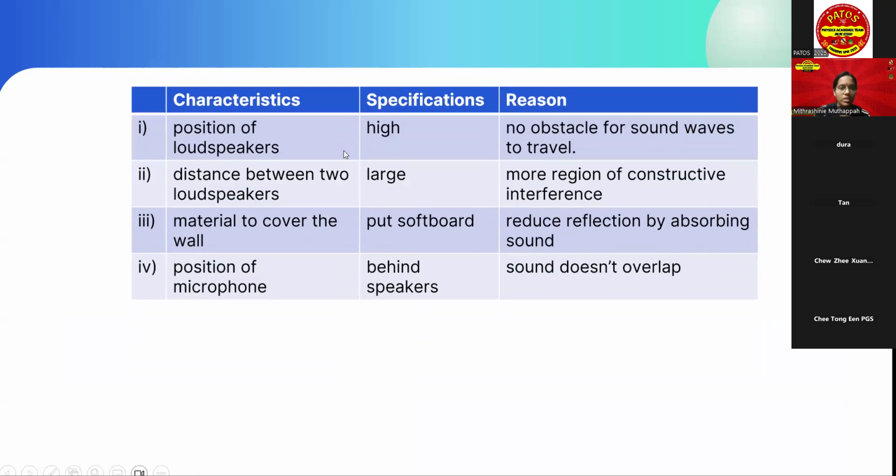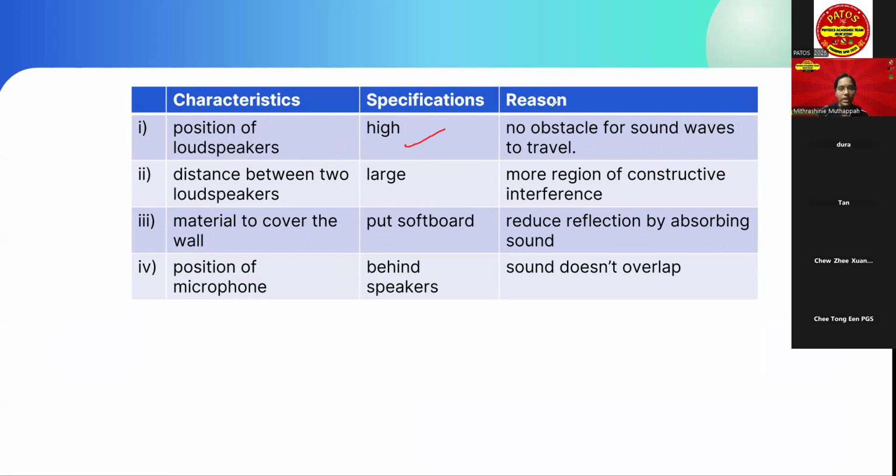Okay, so this is our answer for our question just now. Position of loudspeakers should be high, and the reason is no obstacle for sound waves to travel. When they are high, they are not in front of the audience, and the surface in front of them is more empty, so it's easier for the sound wave to travel.